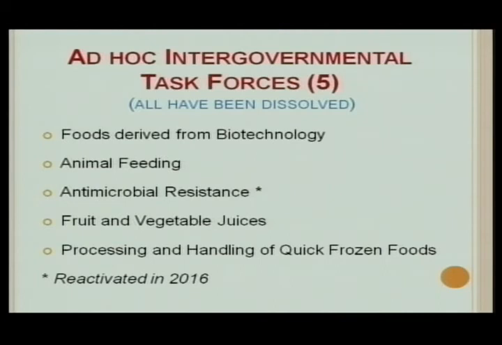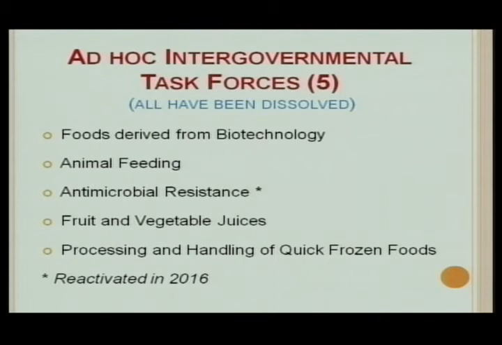There are residues of antibiotics in food products, for example, in honey or meat, or even sometimes in fruits and vegetables. So this task force has been reactivated in July 2016, and will be chaired by Korea. Earlier also it was chaired by Korea.